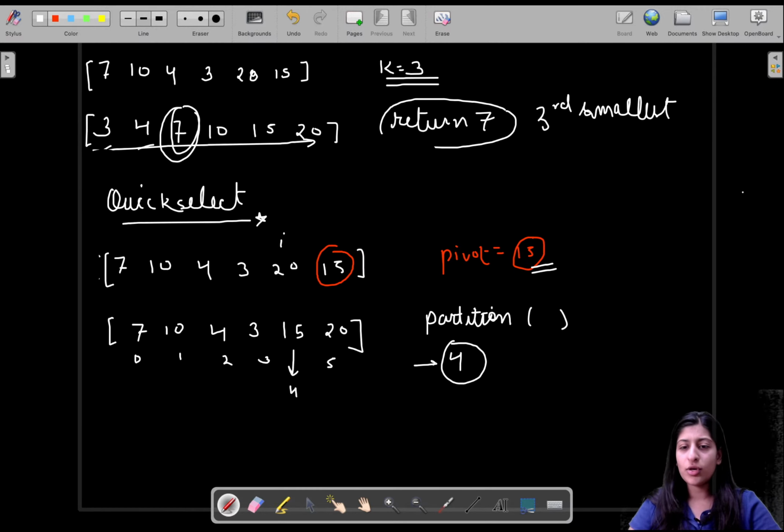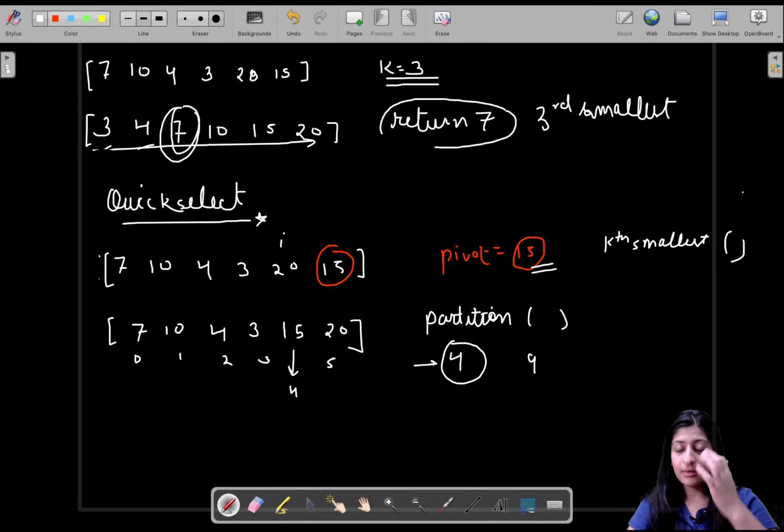Now your task in this quick select algorithm is, let's say you are finding kth smallest element. In that function, your task will be to compare where your pivot element is present now. So it is present at 4th index. Let's say idx is 4 right now, which you got from partition, and you will be given some k.